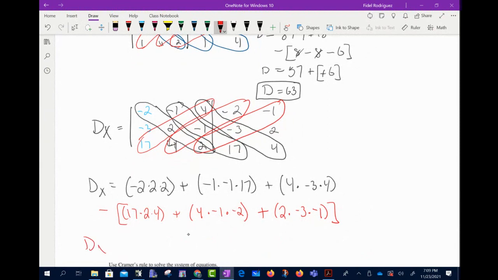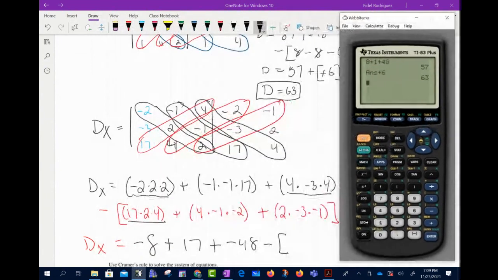All right, so let me write it right here. dx is equal to, okay, -2 times 2 times 2 is a -8 plus, let's see, -1 times -1 times 17 is still 17, plus 4 times -3 times 4 is a -48, minus, let's see, I don't know what 17 times 2 times 4 is, so I'll use my calculator. 17 times 2 times 4 is 136.